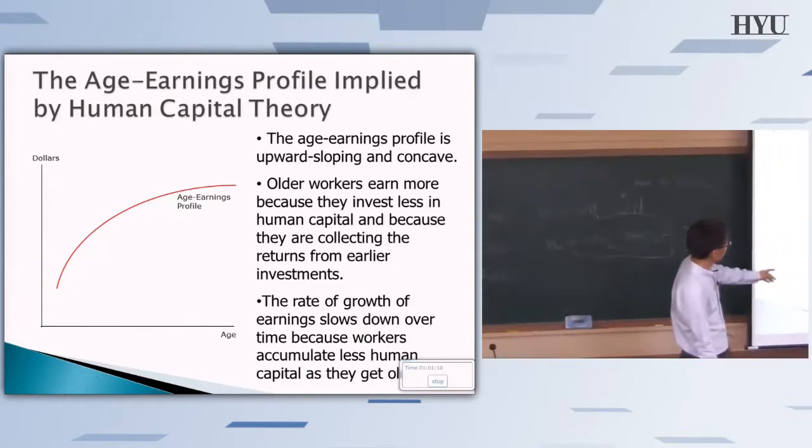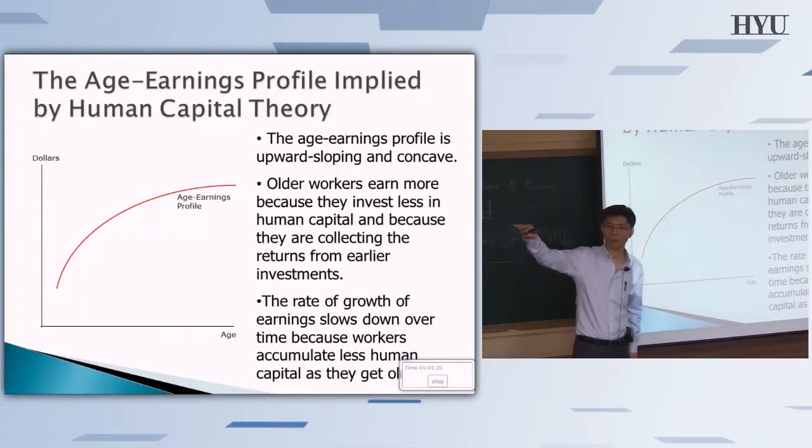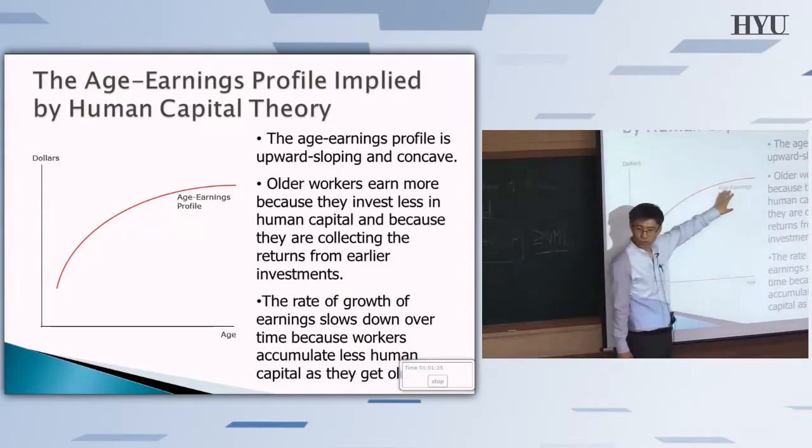But since they are getting less and less training while they get older, the speed of acquiring new human capital will get slower and slower. So at the end, it's not going to change much.